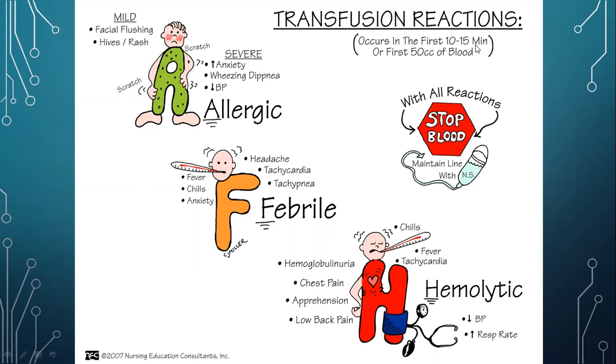Also keep in mind that the safest blood to administer in an emergency if the blood type is unknown is O negative. Okay. And also I said, if there is a blood transfusion reaction, our first responsibility is to immediately stop the blood transfusion. This is more than enough for the NCLEX board for blood transfusion.